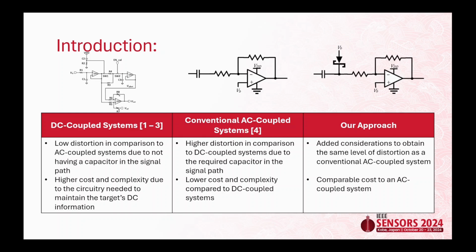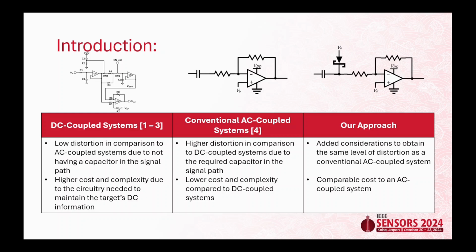The only problem with an AC coupled system is that this capacitor here can cause a high amount of distortion due to the charge time being controlled by this series resistor, needing for vital sign based processes to be a large capacitor.